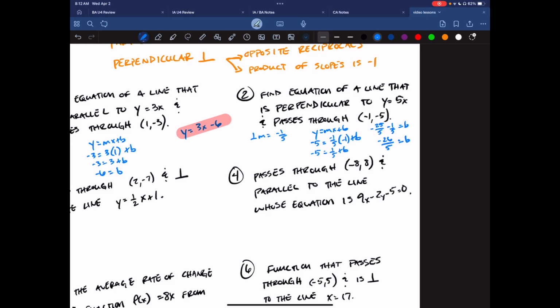Well, that means this is going to be y equals negative 1/5 x minus 26 over 5. Now, some of you may be asking, where did the 25 come from? Well, remember, if I have a fraction of 5 equals something over 5, well, 5 times 5 is 25. And so that's where that comes from.